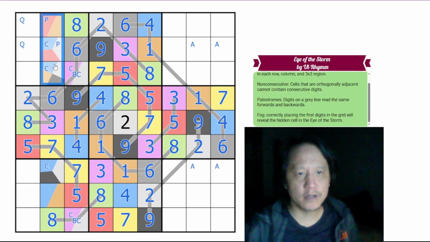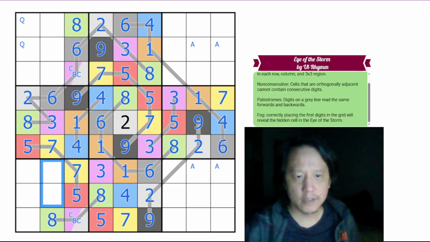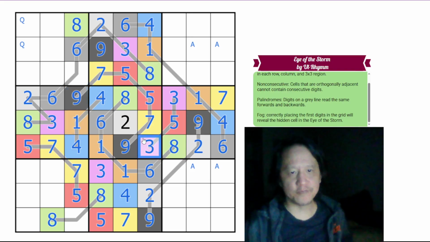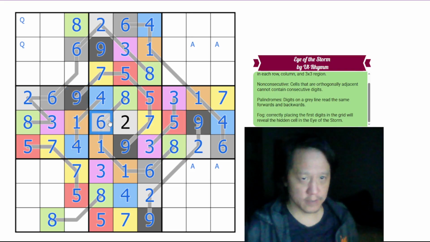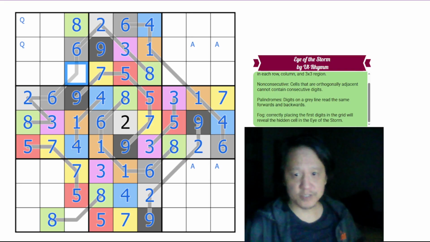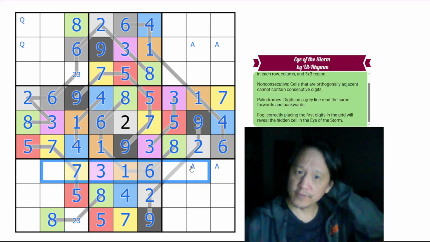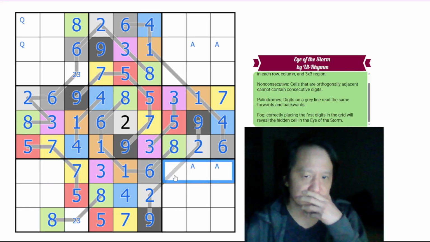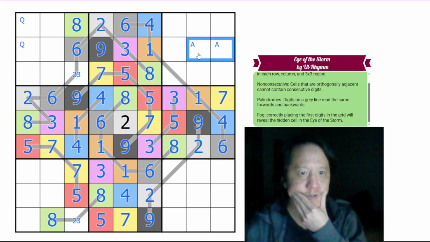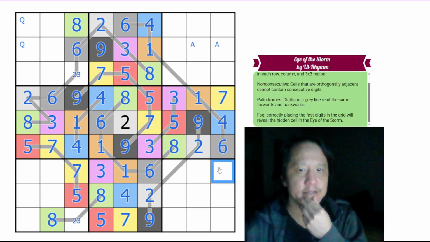Okay, so now we have to figure out where everything else is. And we do have the digits, which is good. So this is 2 or 3 here. And now we can figure out probably just by looking. So again, A is 8. That doesn't help us much.